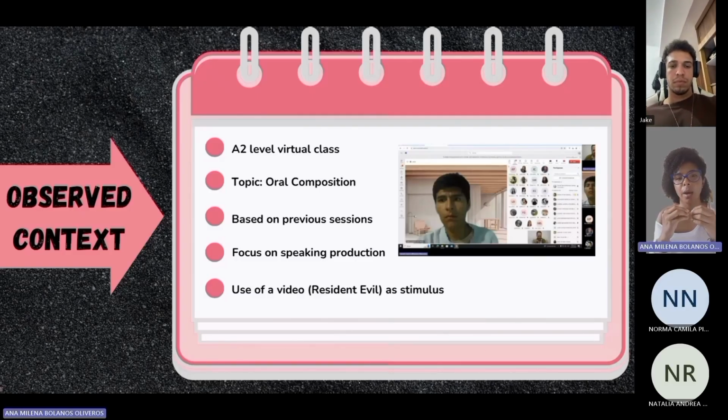Based on previous sessions that they took before with the teacher, they learned verb to be, -ing, and also will. All grammar that helps them to create expressions and sentences in these sessions that we observed.